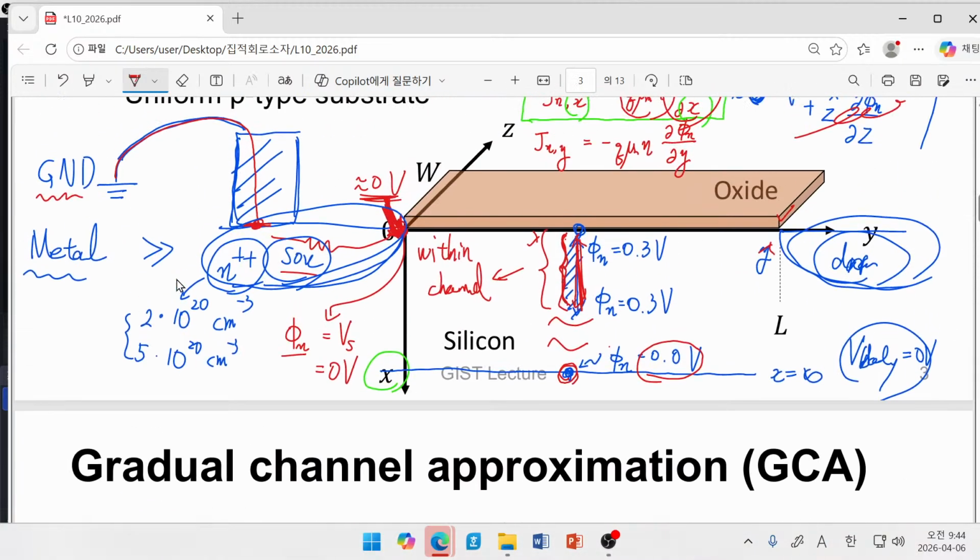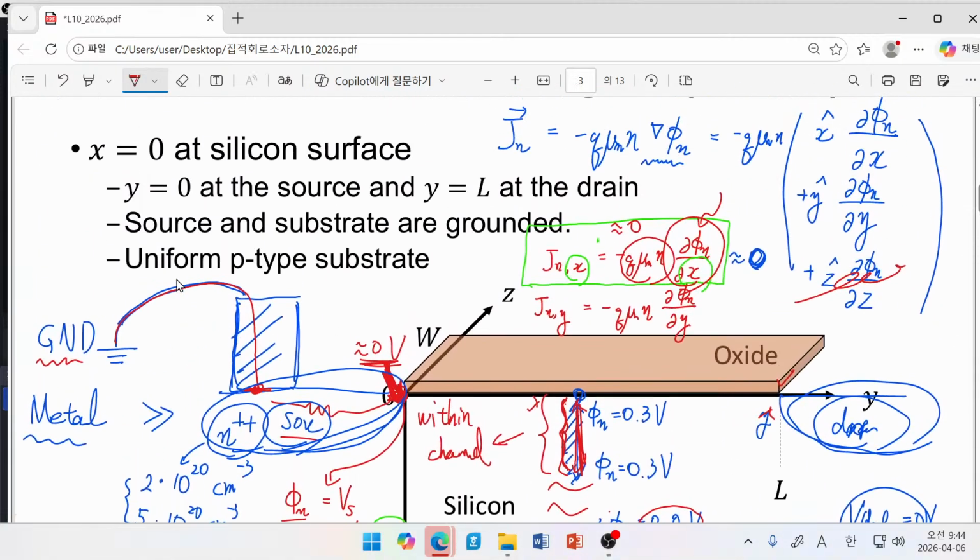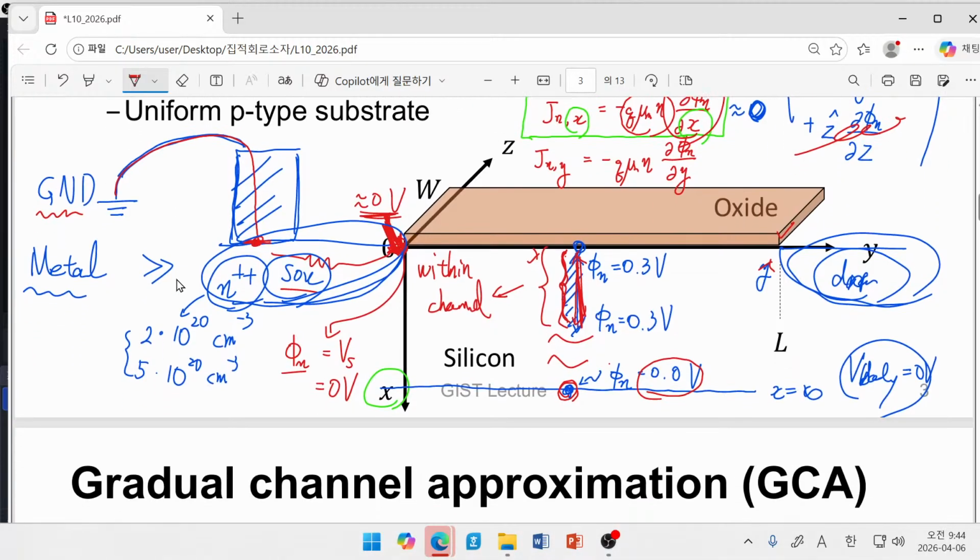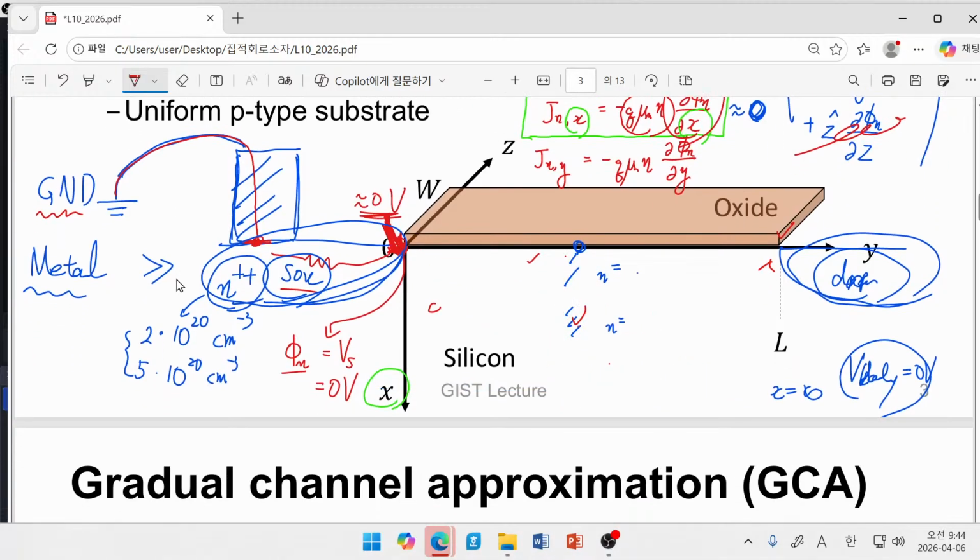Okay, so we just finished the problem specification for our system. Now we have quite a well-developed model for this case. Although in general we must consider phi n all over our 2D space, fortunately by using the vanishing Jn x component, we made a great simplification.